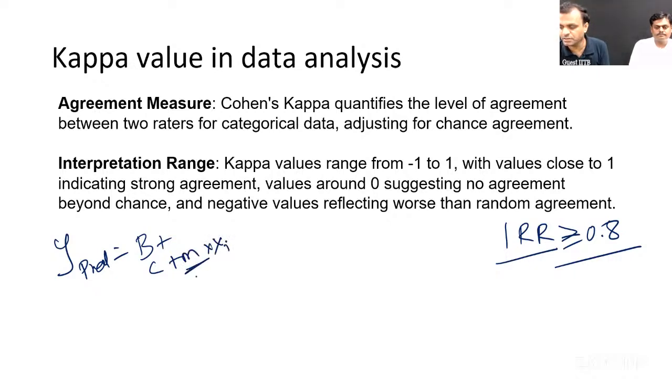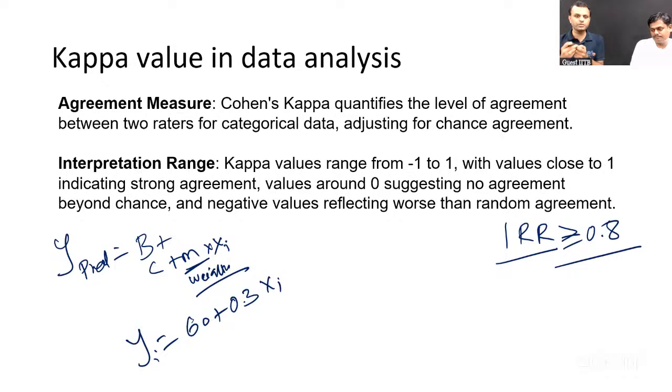The m is the weight we compute. Suppose y equals 60 plus 0.3 xi. For yi, I have to take each given xi value and compute.